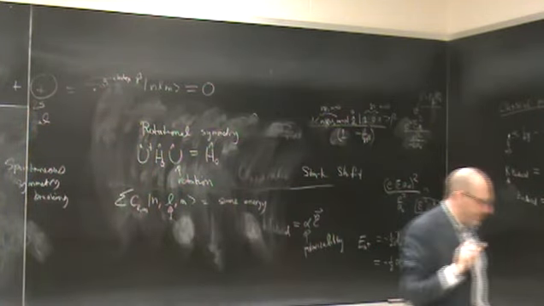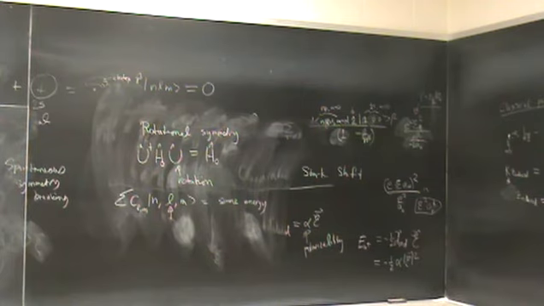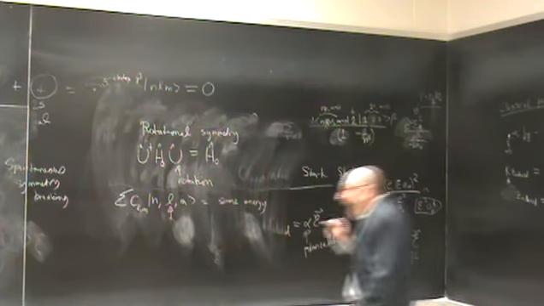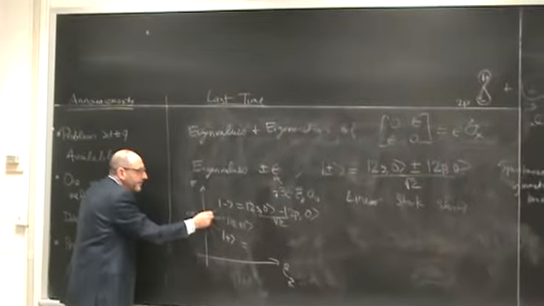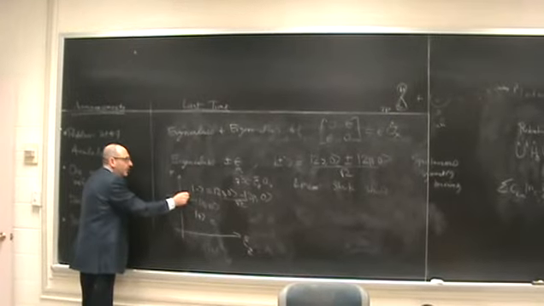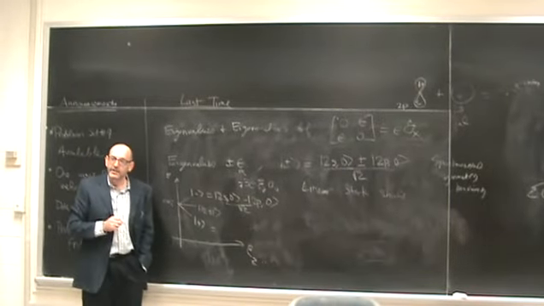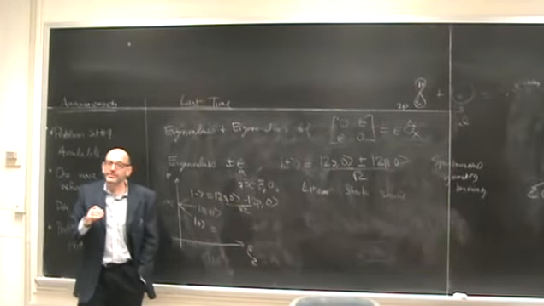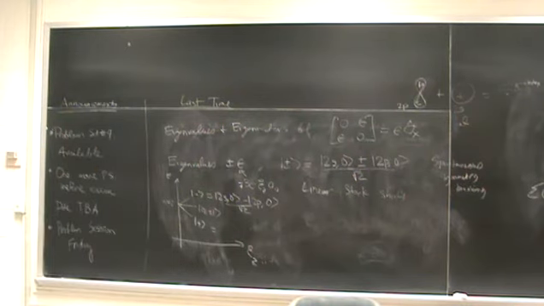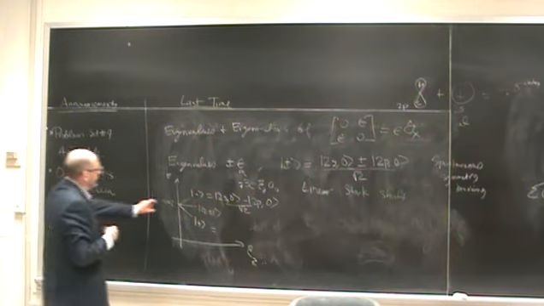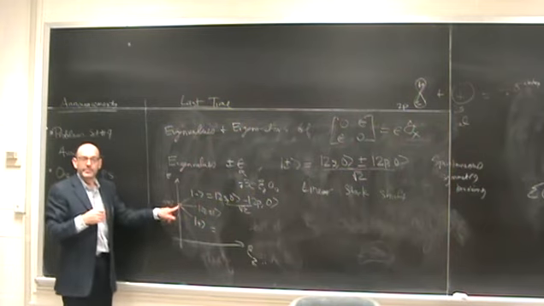Now to your point, Stephen, which is a very important and good one, which is we had degeneracies because there were symmetries. So all of these eigenstates were degenerate because of the symmetry. In particular, we had the rotational symmetry.